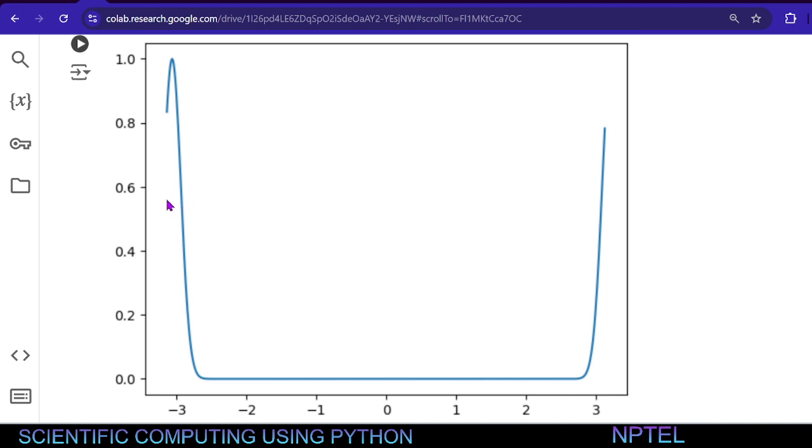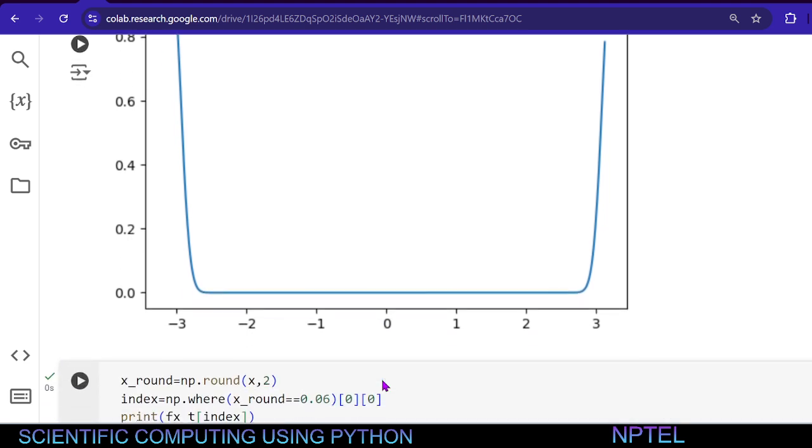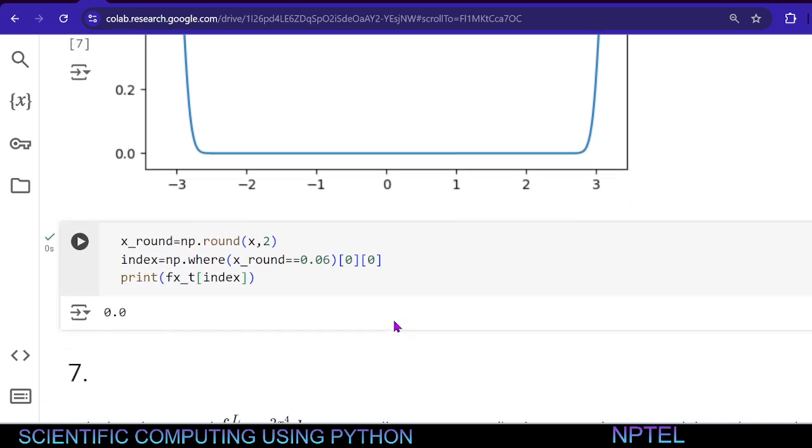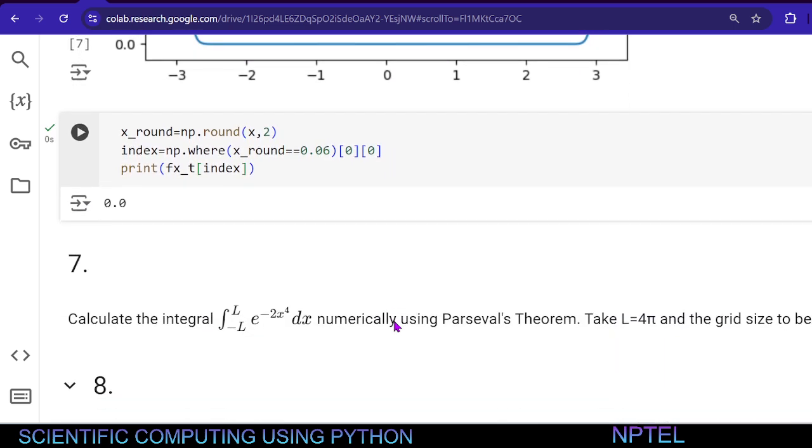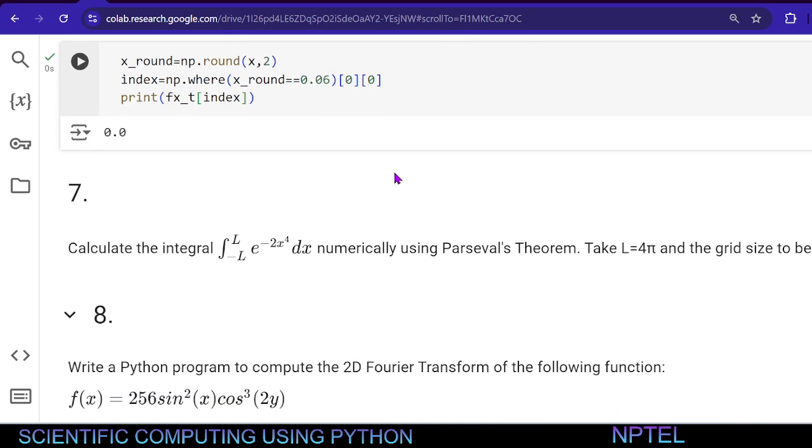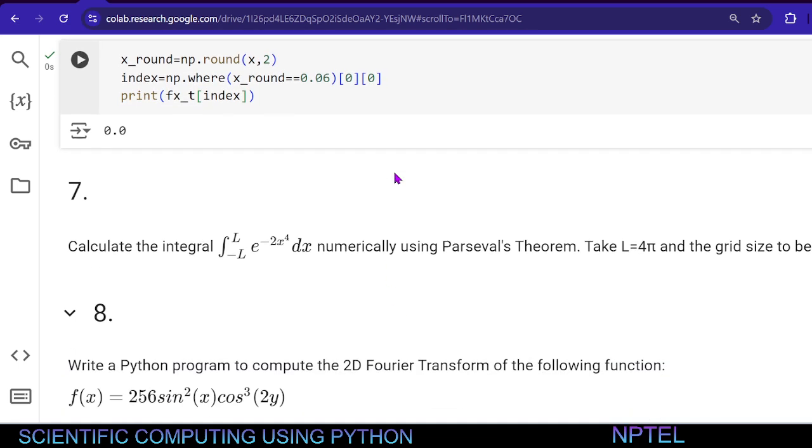Just 1 by 4, so just 0.25, and you know Gaussian dies pretty quickly, so it does not have this heavy tail. So it's going to be very close to 0. Of course, it can't be exactly 0. So I think it was exponential -12 or something. Okay, so the answer is 0 up to 2 decimal points.